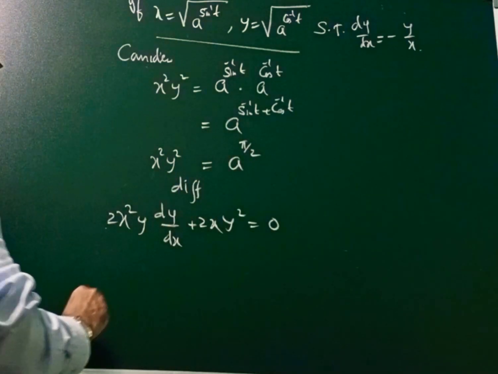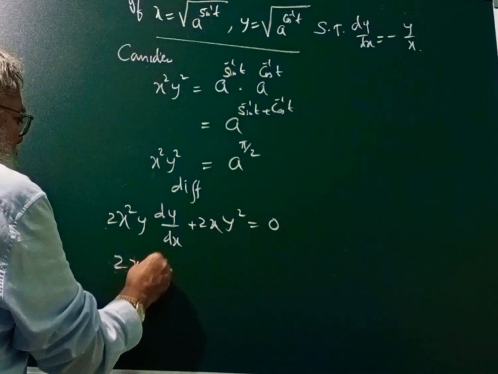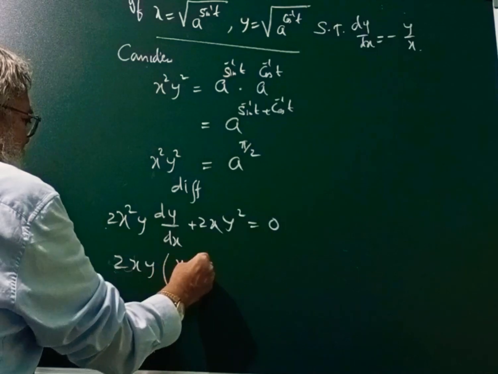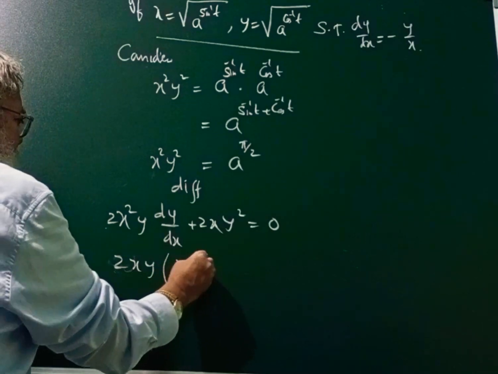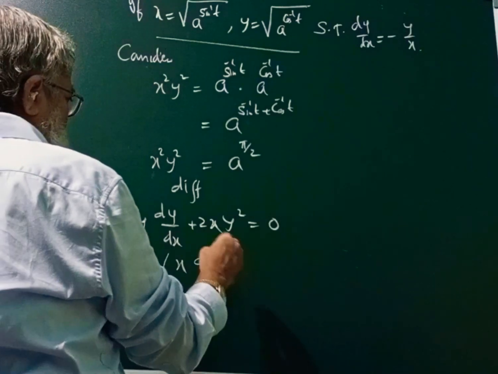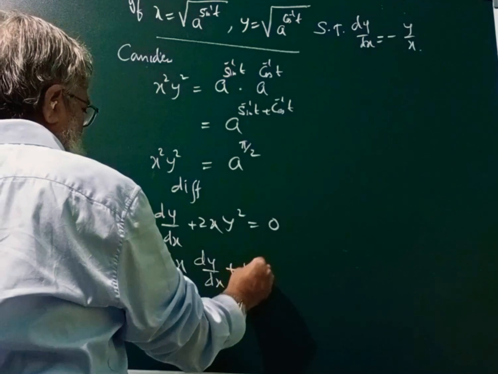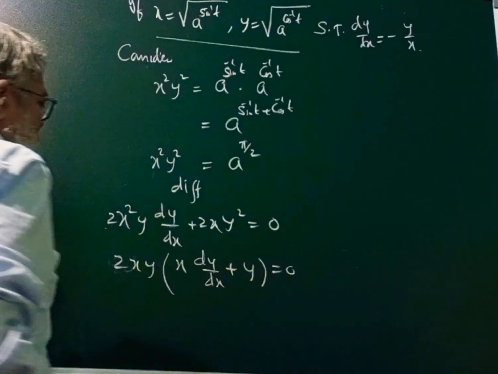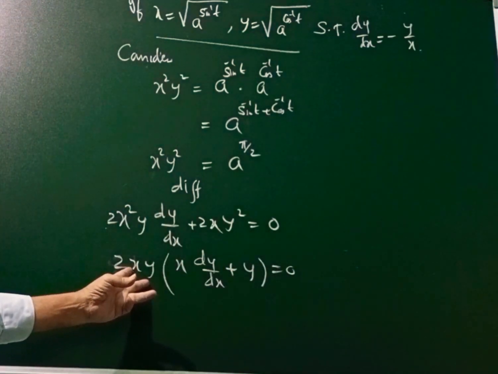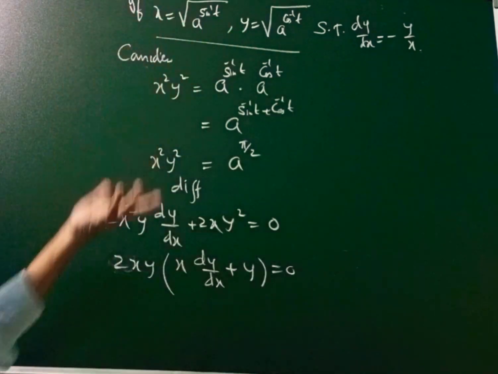So we can take 2xy common. What remains here is x into dy by dx plus y is equal to 0. Now 2xy cannot be 0, because if 2xy is 0 the whole thing becomes 0 and the problem has no meaning.